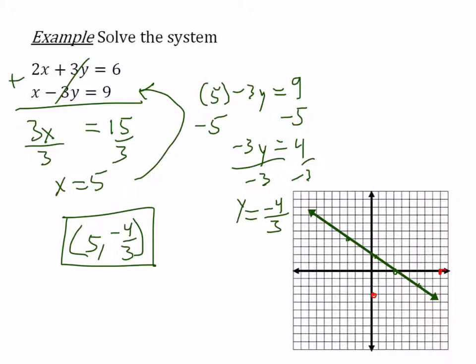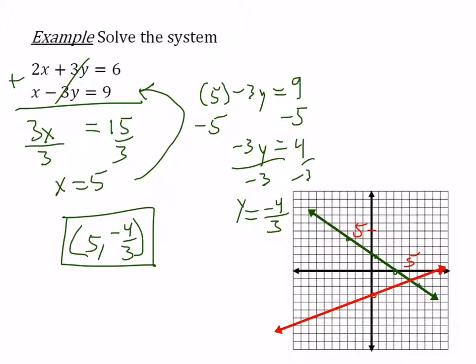And that's good enough there to make a line. That looks something like that. And let's check it out. Does that look like 5, negative 4/3? Negative 4/3 is a little less than 1. So we're going over 1, 2, 3, 4, 5, and down negative 1. Okay? By the way, we should be putting some numbers on our graph here for our axes.